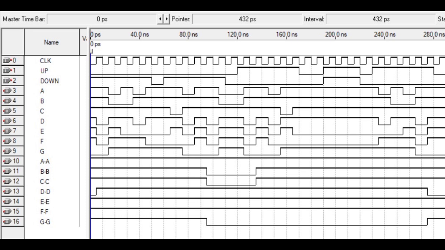clocking, at the last counting down, we present C high, D high, E high, F, G high.